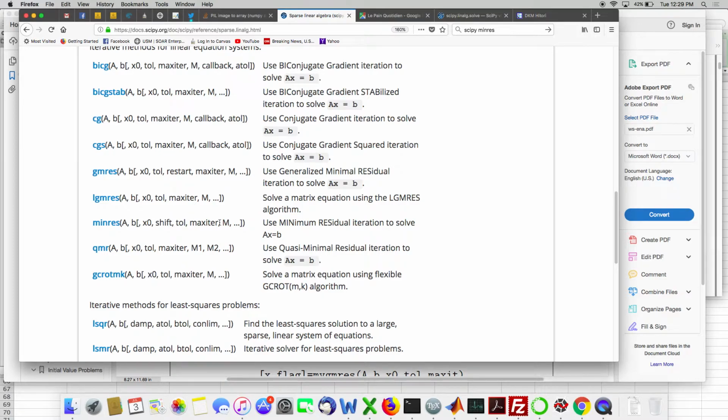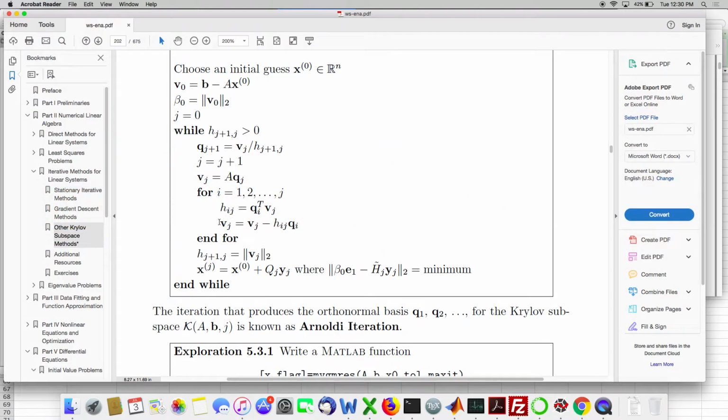So what happens here is, at every iteration, you're solving this least squares problem, where e_1 is the first column of the identity. Beta naught is a quantity computed earlier up here.